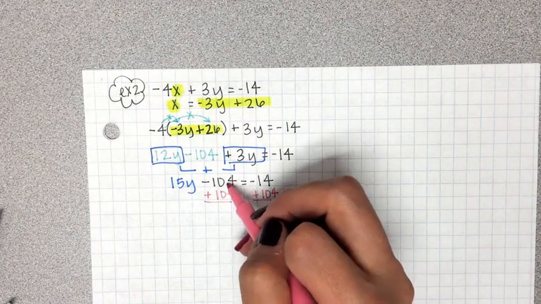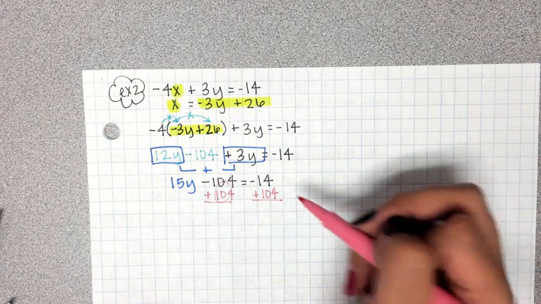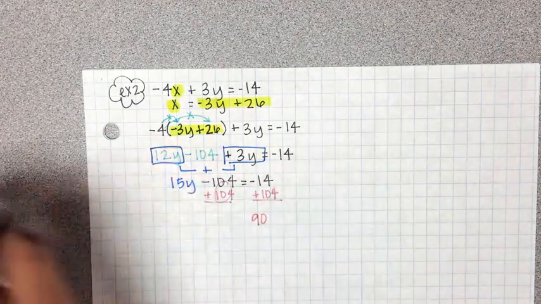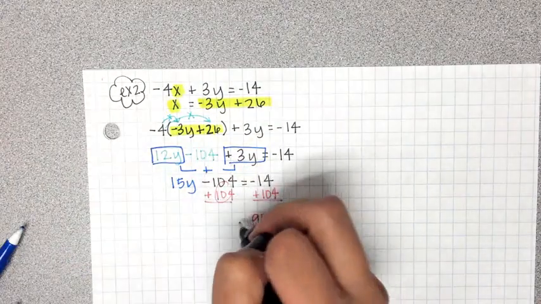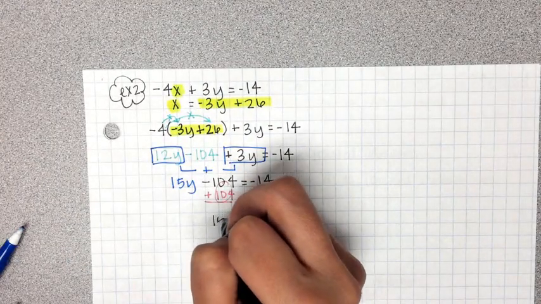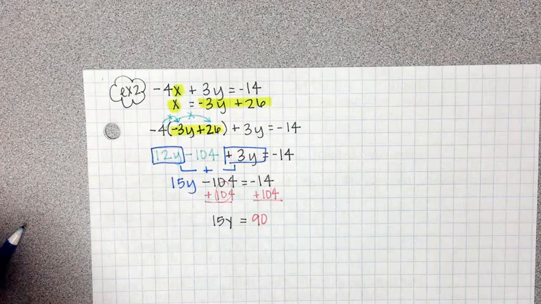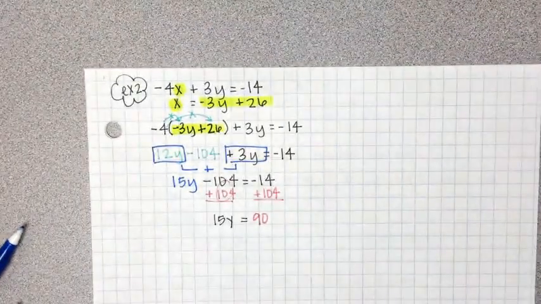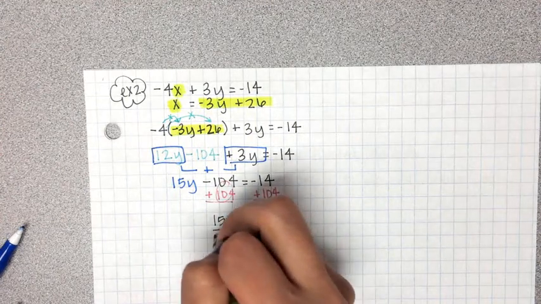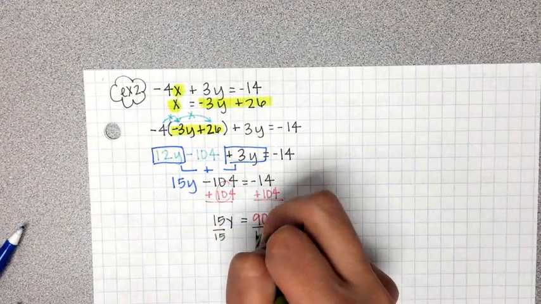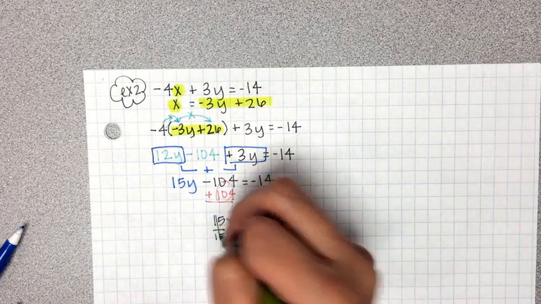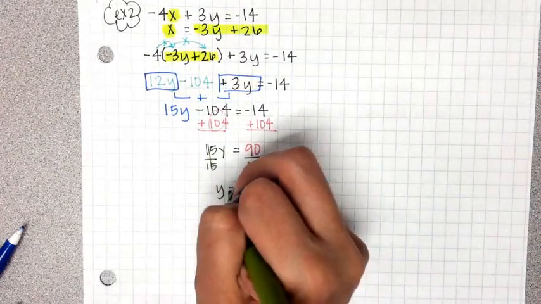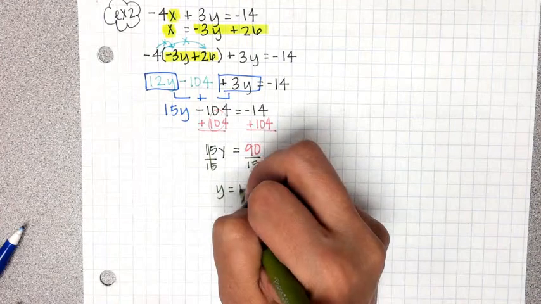This is gone, canceled, 0. Negative 14 plus 104 is 90. And last, I'm going to divide by 15 on both sides. That's a 1, irrelevant, so y equals 6.